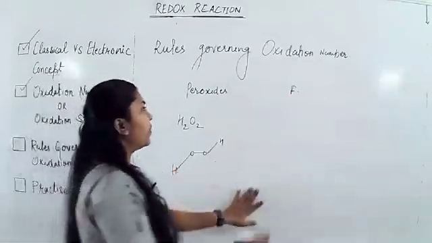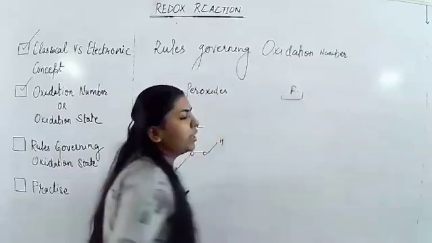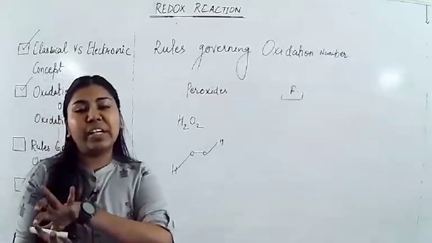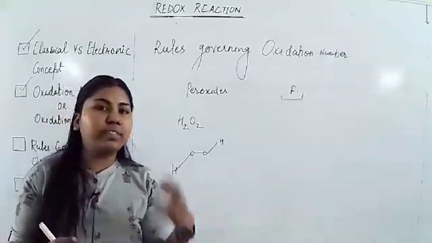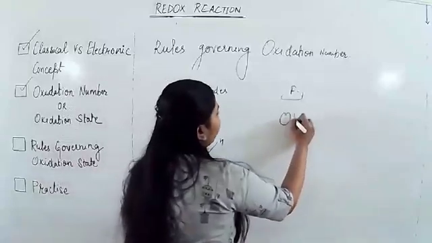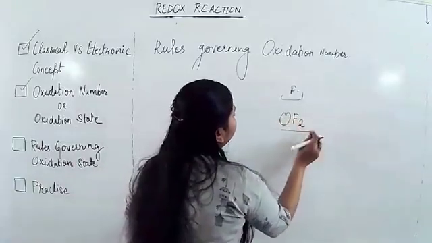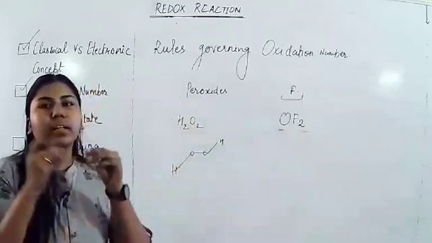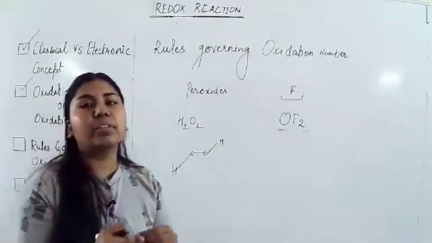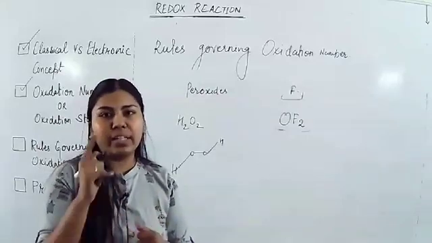Okay. Now let us speak about fluorine. Fluorine is the most electronegative. So when comparing the electronegativity of oxygen and fluorine, obviously fluorine will win. So if I am speaking about OF2, the fluorine atom will have -1 oxidation number because it is going to accept 1 electron.